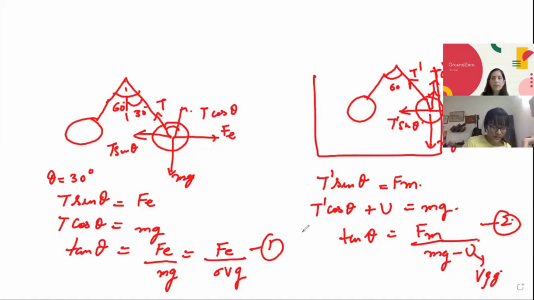Have you got the epsilon r? The answer is 1.5. We have to find the ratio, the dielectric constant. Yes, so that is 1.5.